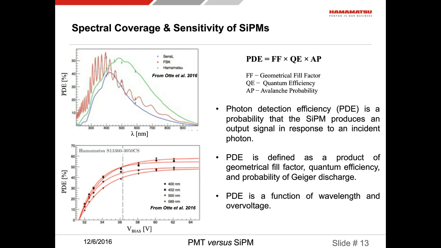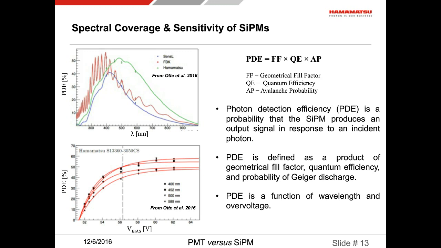And the final factor is avalanche probability. Just because a carrier injects itself into the high field region doesn't mean that an avalanche is going to occur. Avalanche probability is a sensitive function of overvoltage.